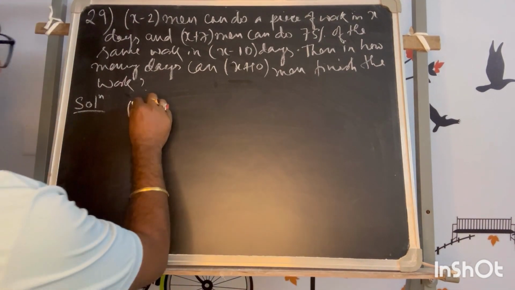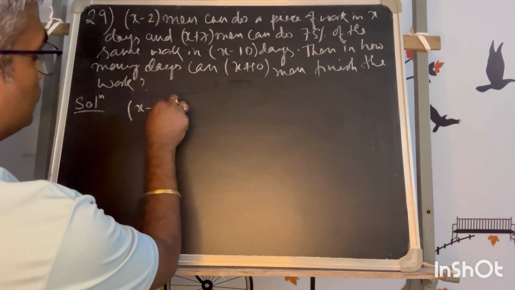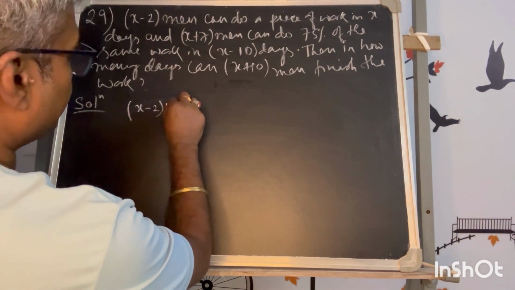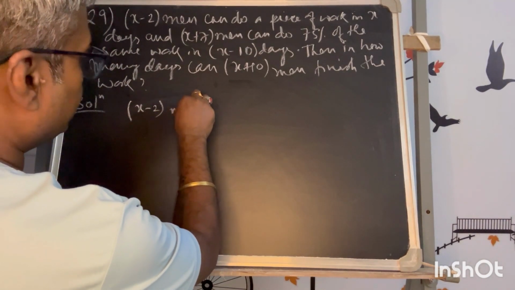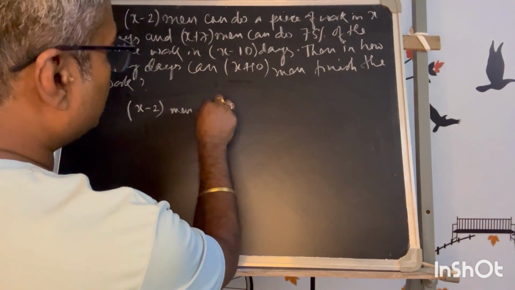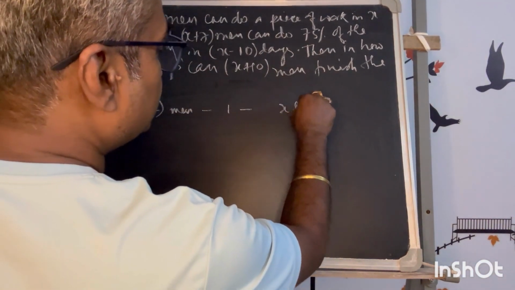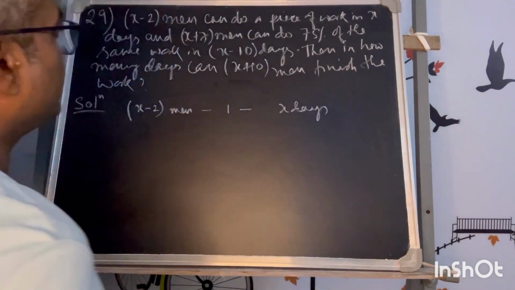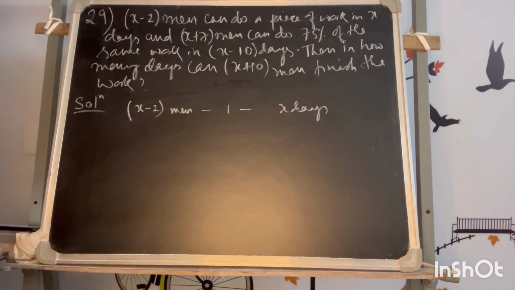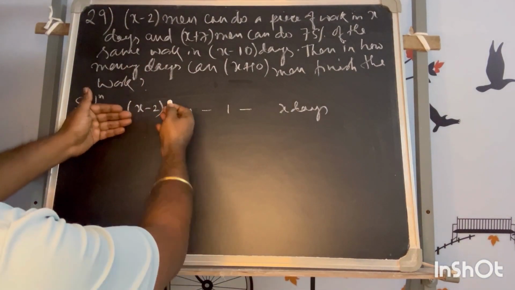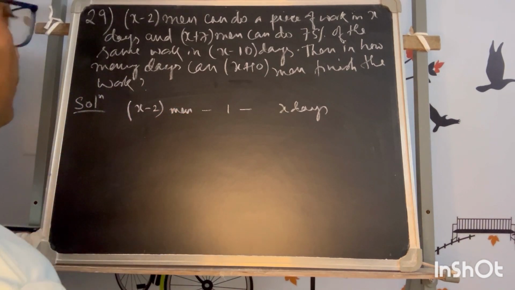So as per that, X minus 2 men can do a complete job in X days. Okay, this is the first statement. Now I have to bring the independent variable to 1.